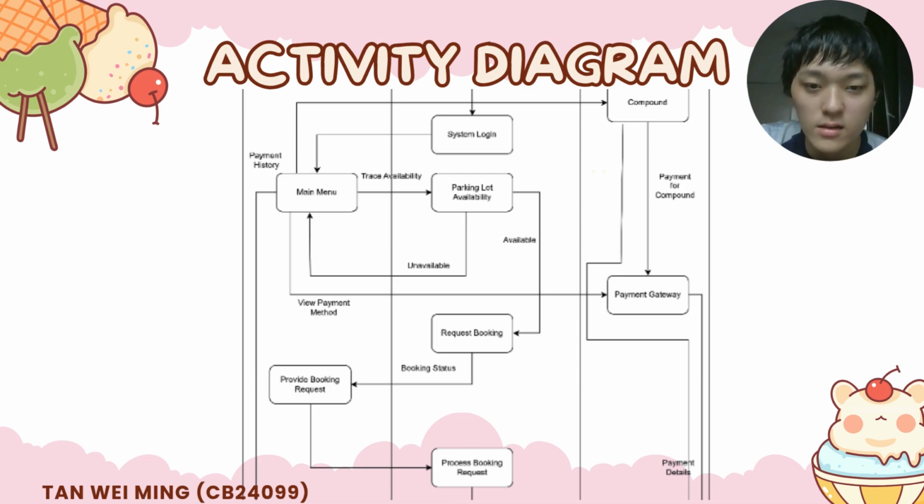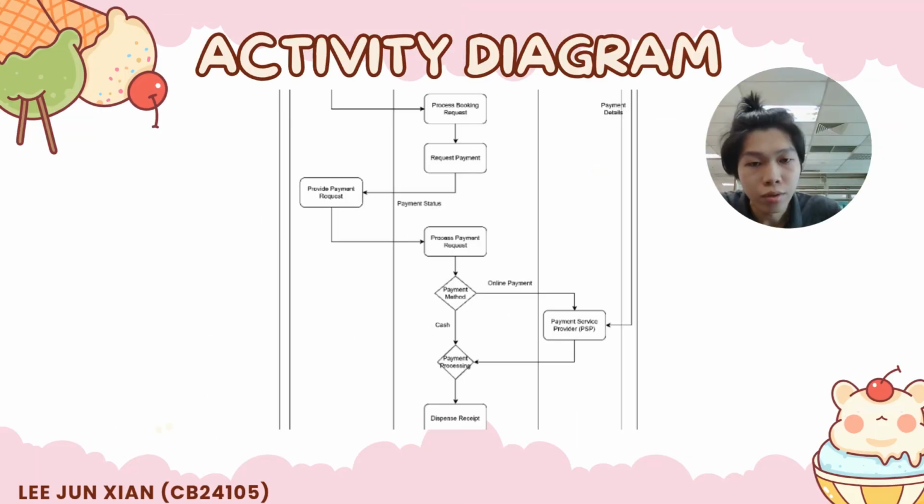Then the system will send the request to the user, providing the visible details so that the user can confirm whether the information is correct or not. If the information is correct, it will send the correct request to the system. Then the system will record everything the system wants in the booking registration interface.